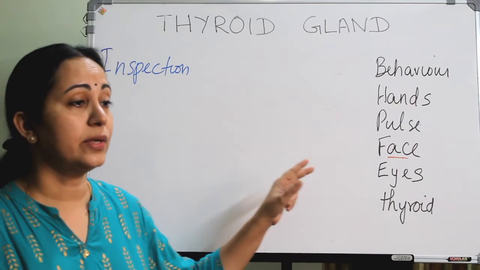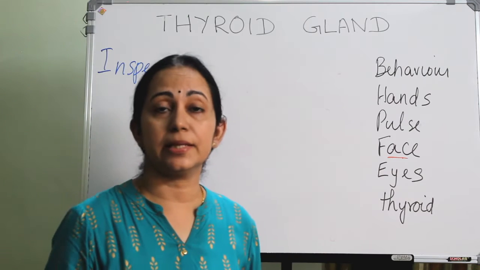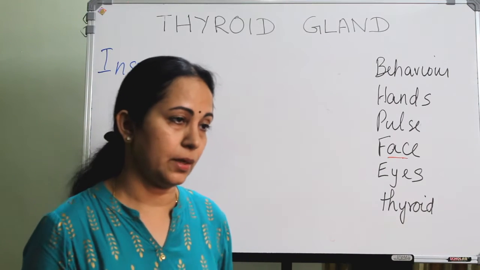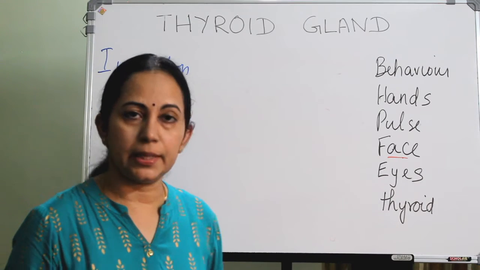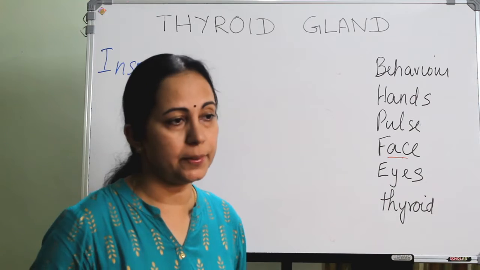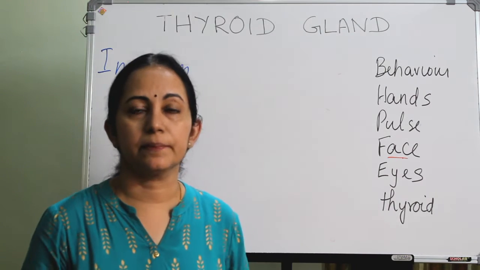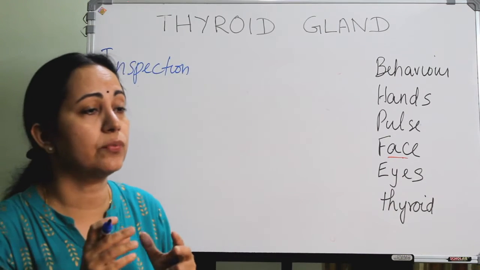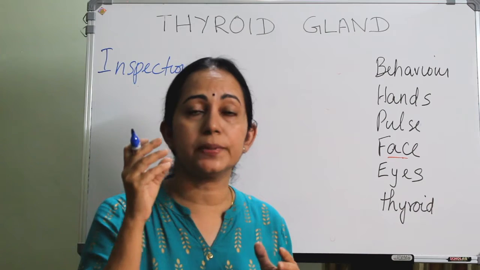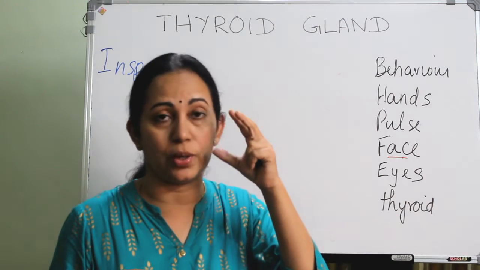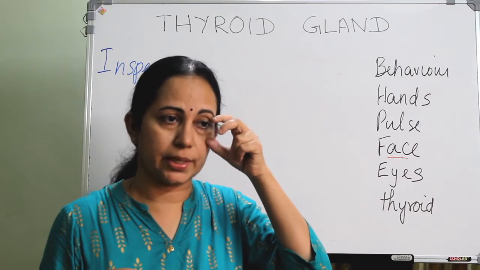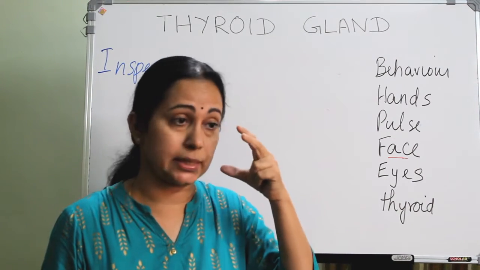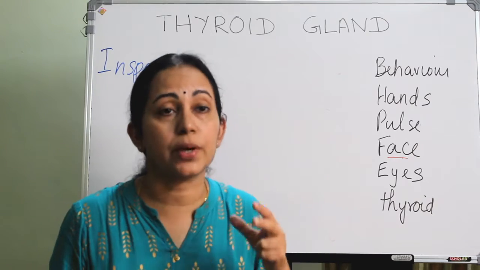And what is the pathology in the eyes in case of hyperthyroidism? Remember that in hyperthyroidism or in Graves' disease, there is abnormal deposition of connective tissue in the orbit and also in the extraocular muscles. So what happens?